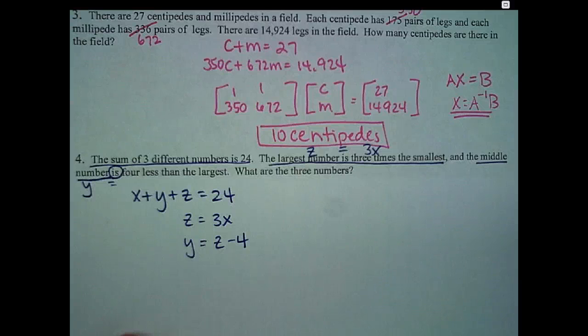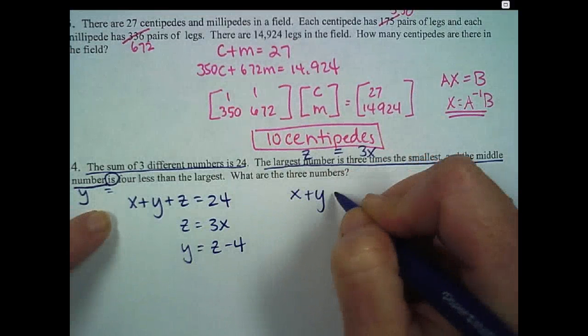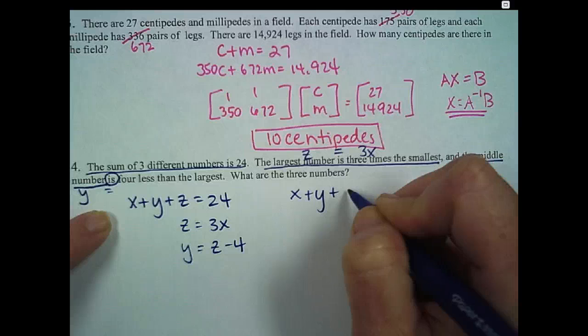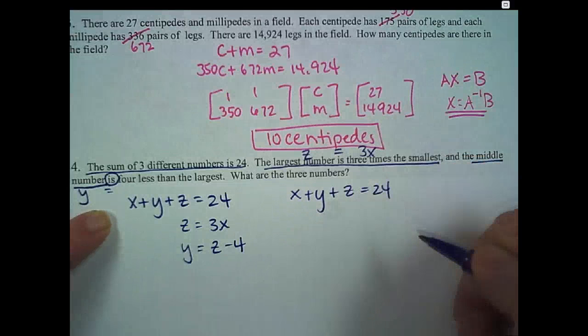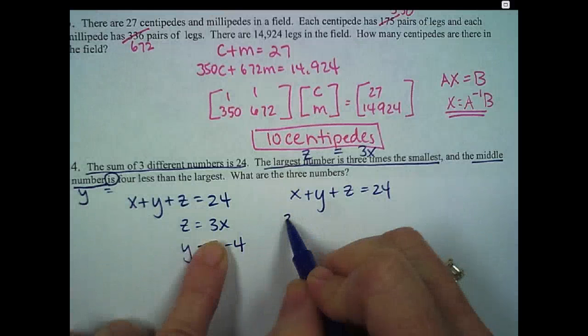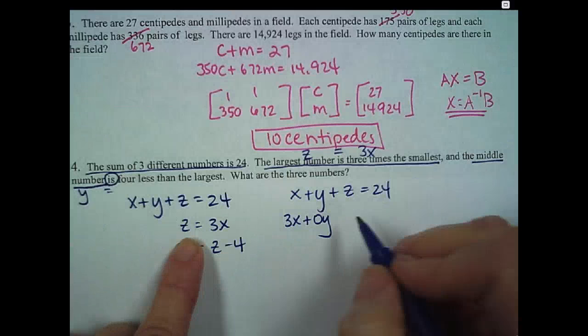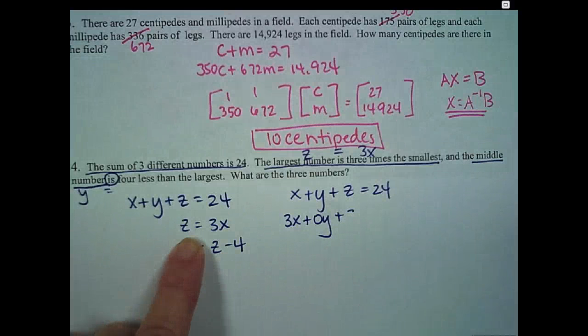Now then, knowing that, I'm going to clean it up, because I've got to put it in a matrix equation. So in this particular one, 3x is going to go in front. I don't have a y, so I'm going to call it 0y plus z. It should be negative 3x because I moved it over, I'm sorry.